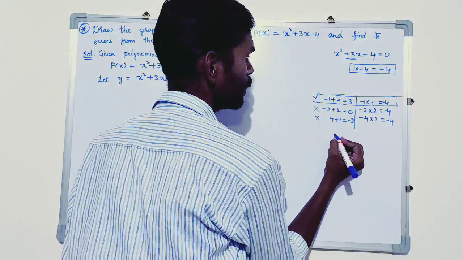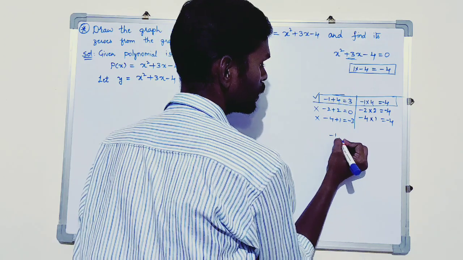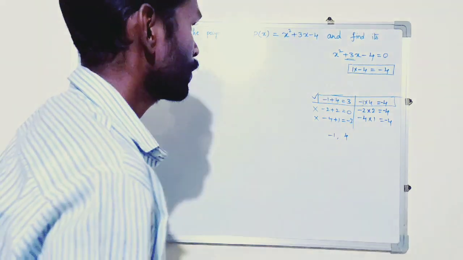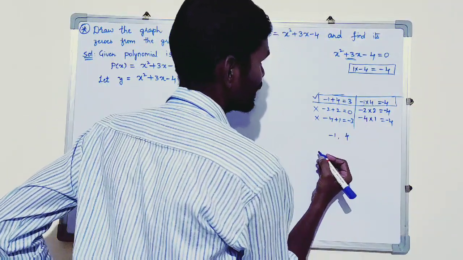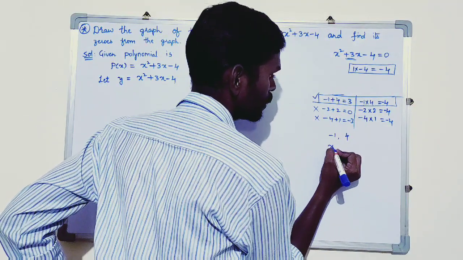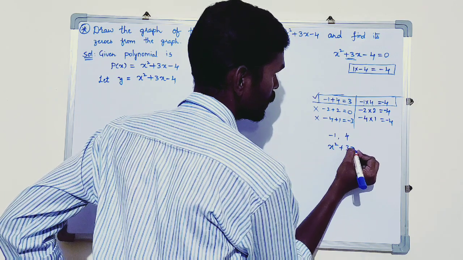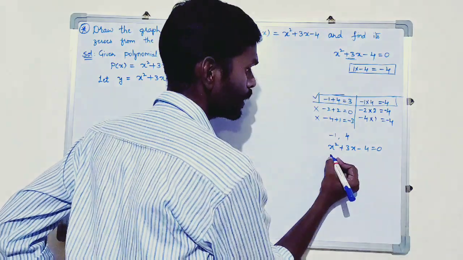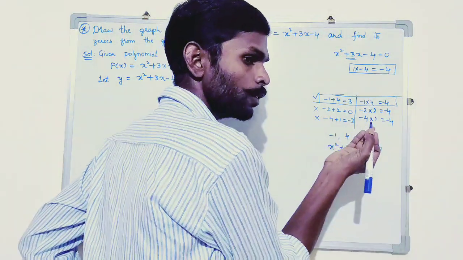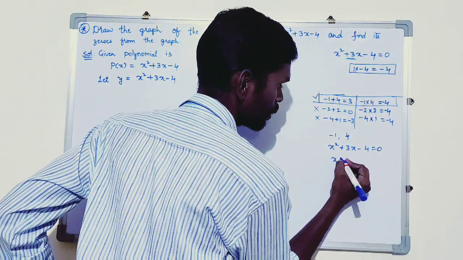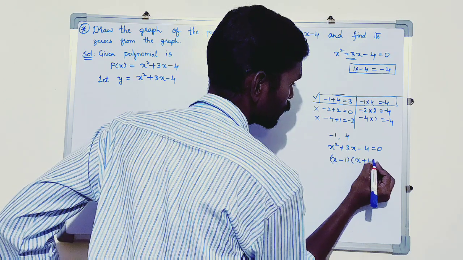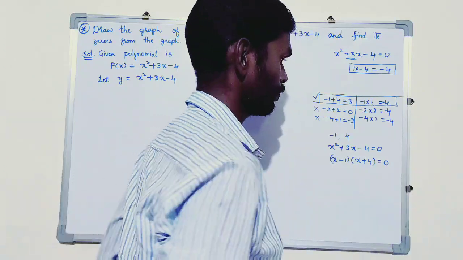Now see here, after getting these two factors, you can directly write it. This is the equation, x square plus 3x minus 4 equal to 0. In place of the middle term, you can directly write (x minus 1)(x plus 4) equal to 0.